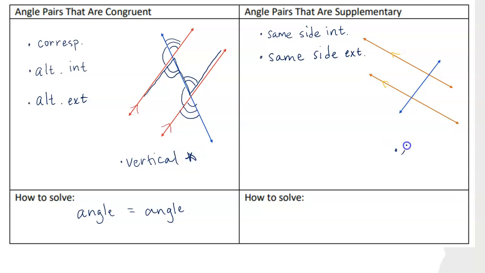And linear pairs are also going to be supplementary. So if you see a linear pair, you know those are supplementary. These are old vocabulary, but they still have that same thing. When you have supplementary angles, you're going to do angle plus angle equals 180 because they make a straight line, which is 180 degrees.